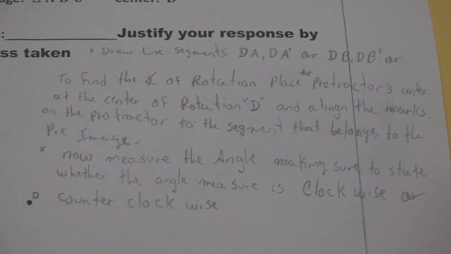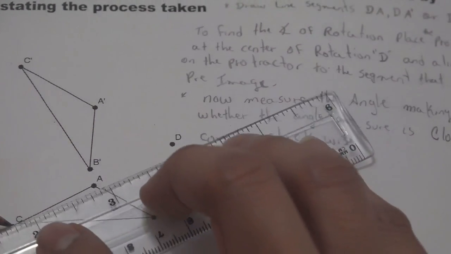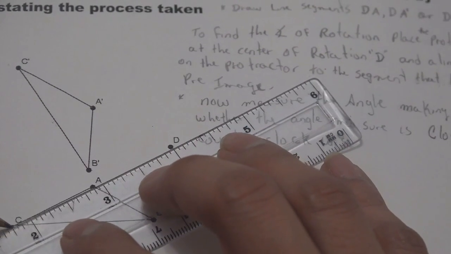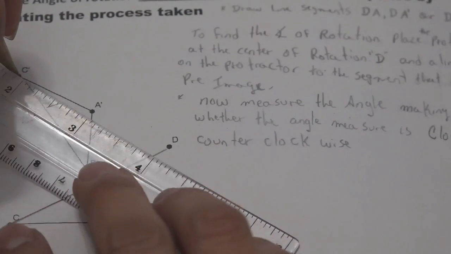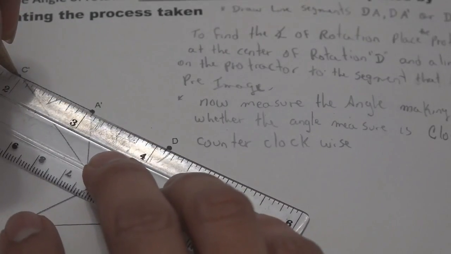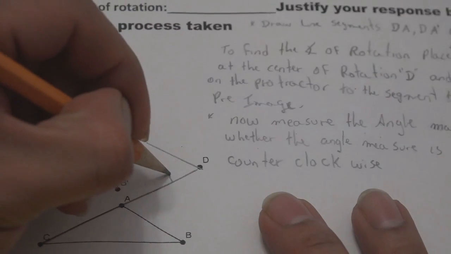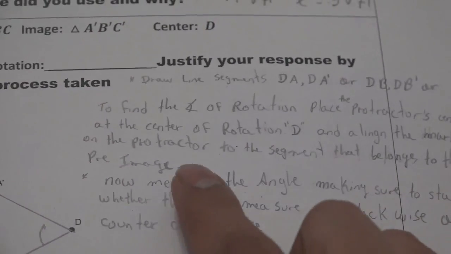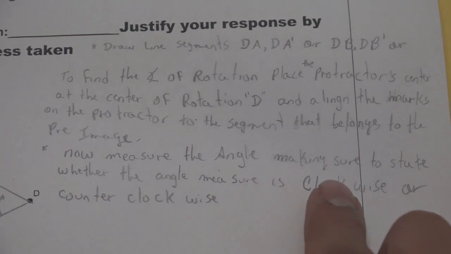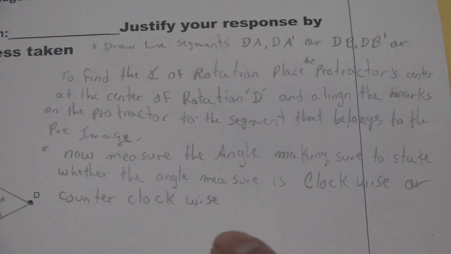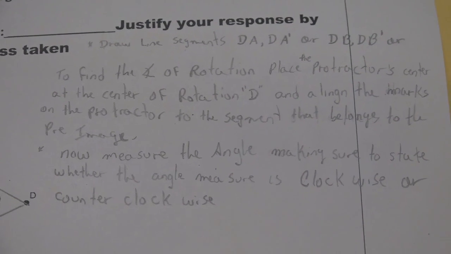So in other words, since I did DC right here, and this is my angle, that belongs to the pre-image. Now measure the angle, making sure to state whether the angle measured is clockwise or counterclockwise.